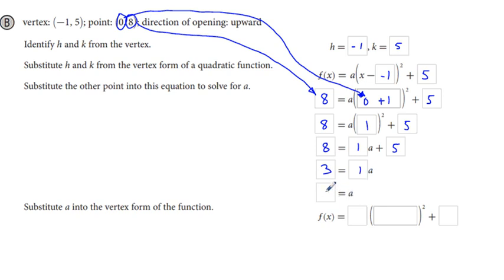So a is equal to 3. And so, therefore, our equation is going to be f of x equals 3 times quantity x plus 1 squared plus 5. And that would be it.